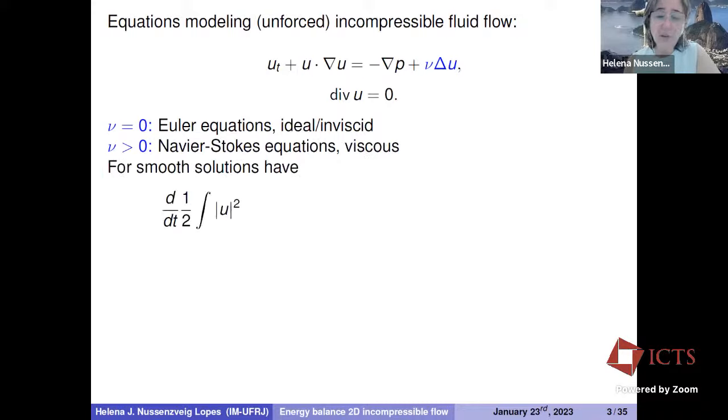So for smooth solutions, we have d/dt of 1/2 of the integral of U squared, which is the kinetic energy because the density is set to 1.